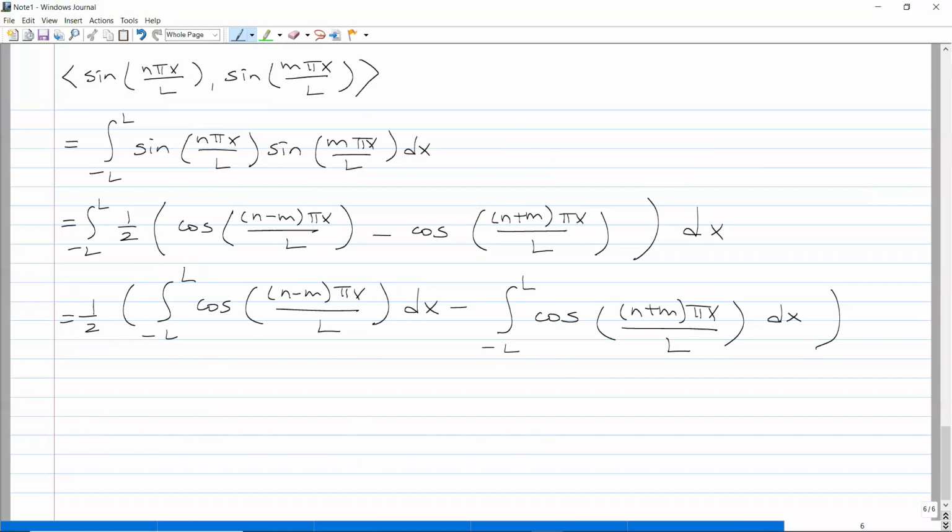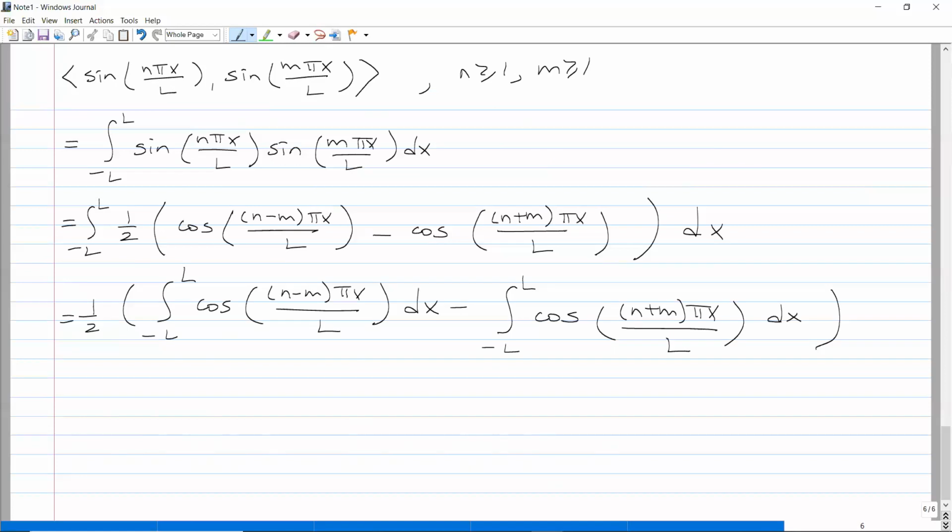Remember, in the Fourier series, the coefficients of sine start from 1. So n starts from 1. N and m here are both greater than or equal to 1, because if n or m is 0, one of them is 0, the whole thing is 0. So n and m are both greater than or equal to 1.